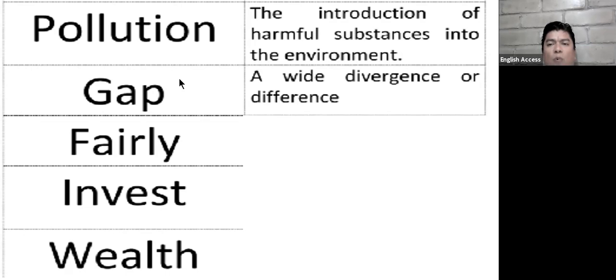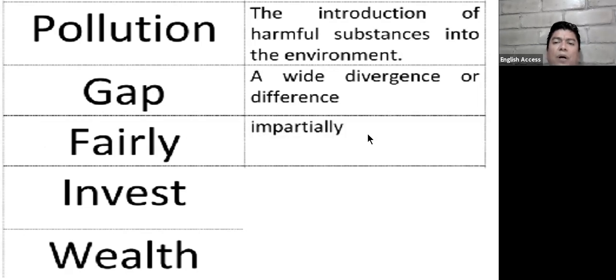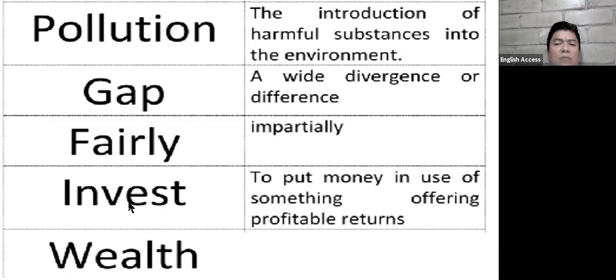Gap is a wide divergence or difference. In this case, a difference. Fairly, what is fairly? Impartially, impartial, fair, just. What about invest? Well, to put money in use. Yeah, invest. Put money. And wealth, abundance.